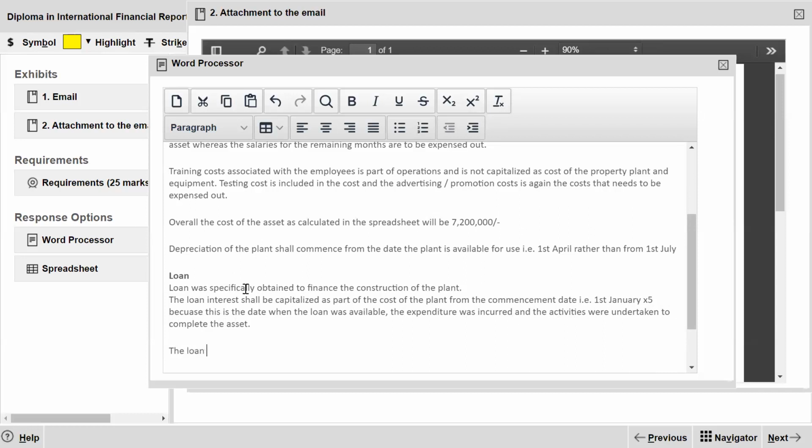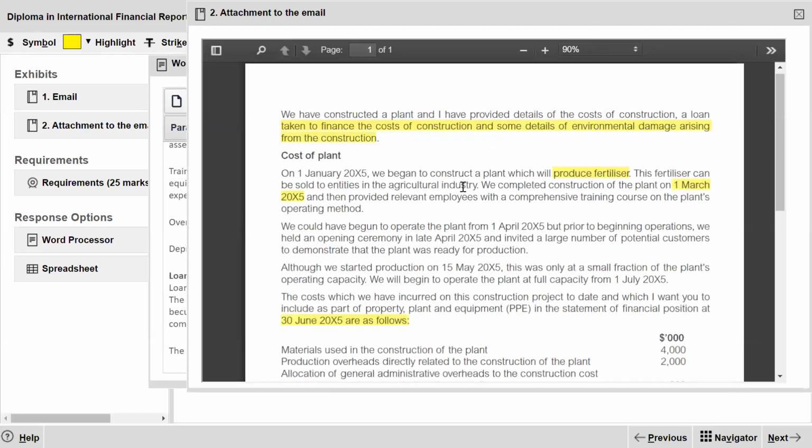The loan interest will be capitalized till, I just need to recheck that.